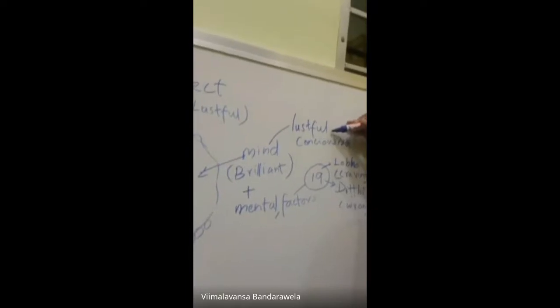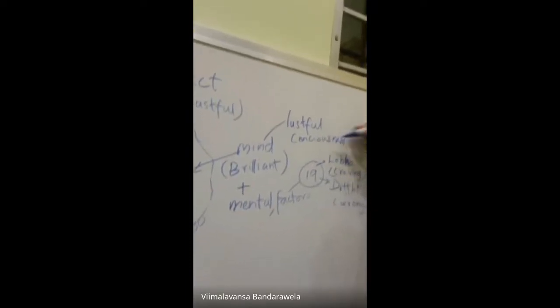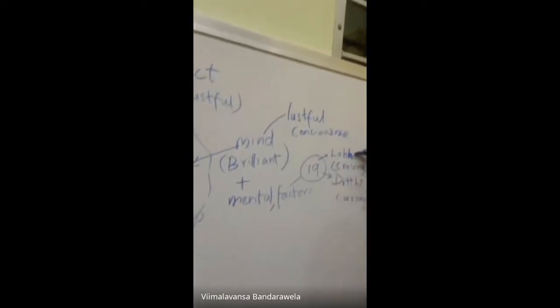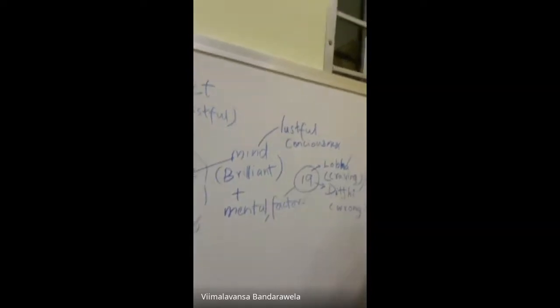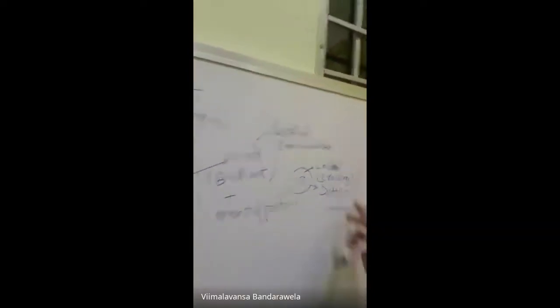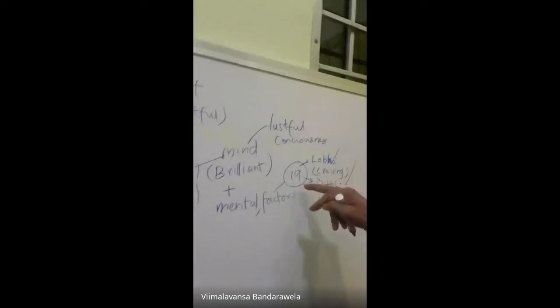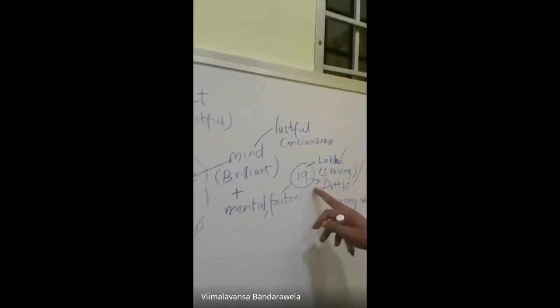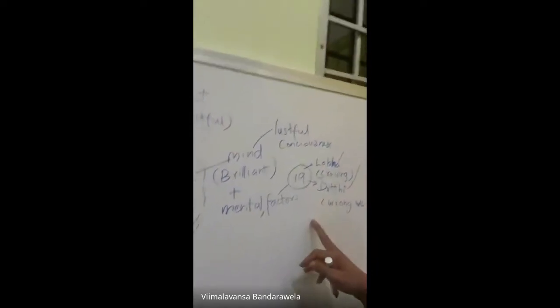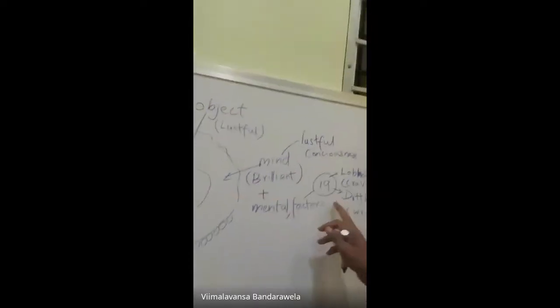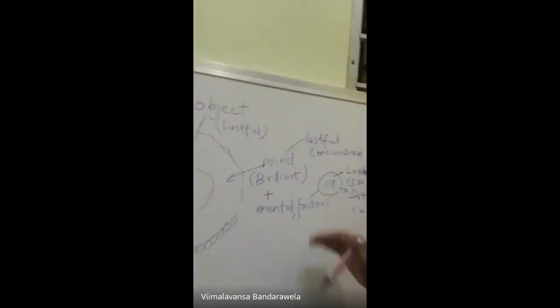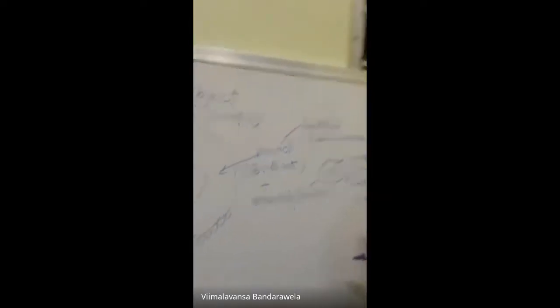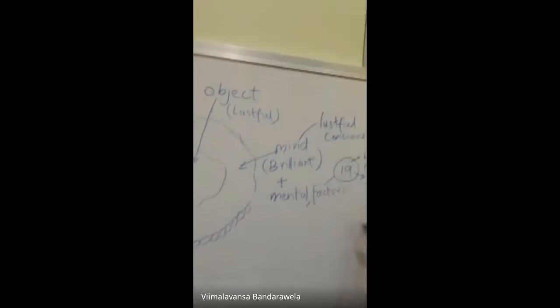If you have lustful consciousness, you have lobha cetasika mainly and ditthi cetasika, plus the other 17 mental factors. For example, phassa, vedana, sanna, cetana, like these mental factors. We are studying those things in the near future, right? So you want to understand this thing.